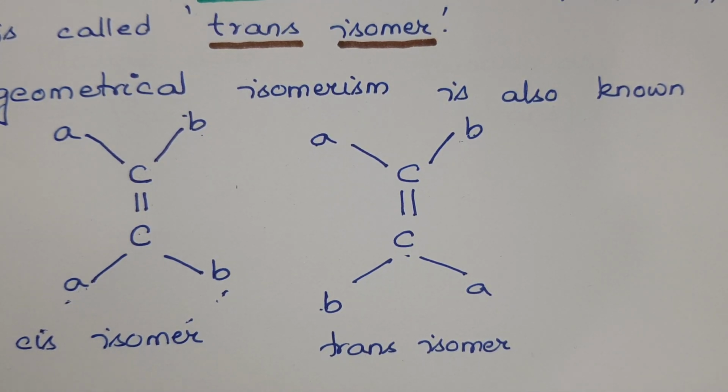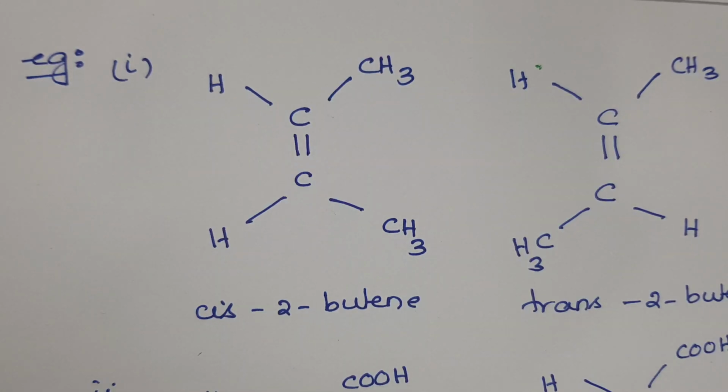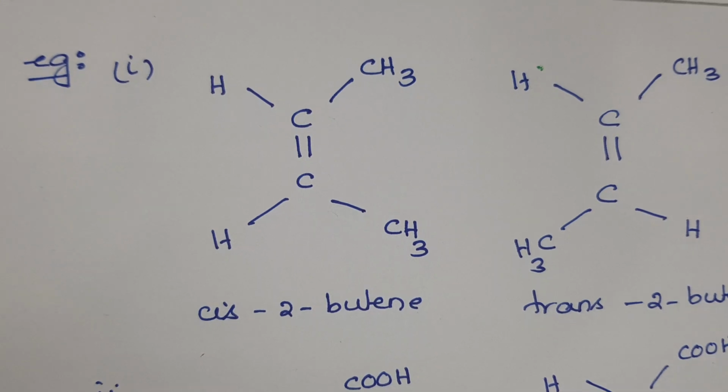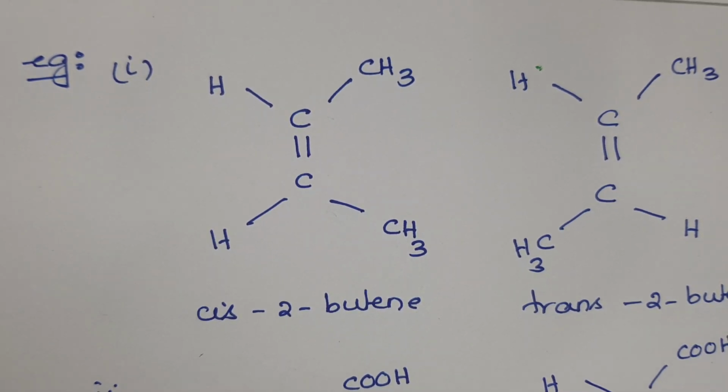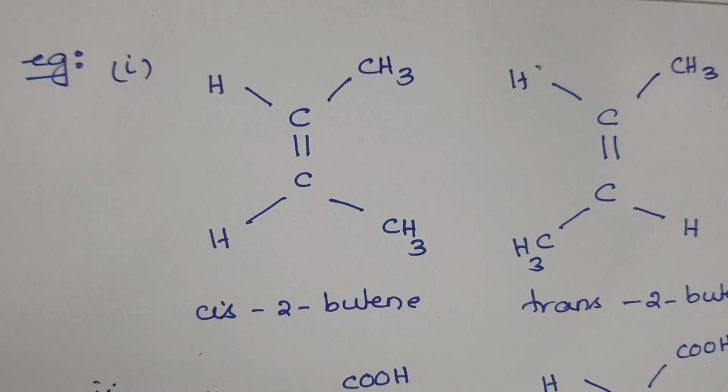Now we will see a few examples of geometrical isomers, students. Example number 1, 2-butene. What is this 2-butene? But means 4 carbons, ene means double bond, and 2 means the double bond is present at the second carbon.